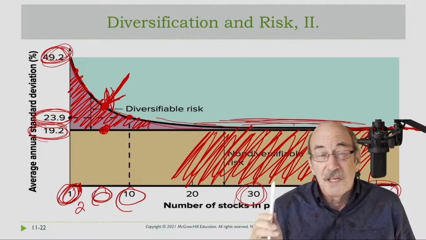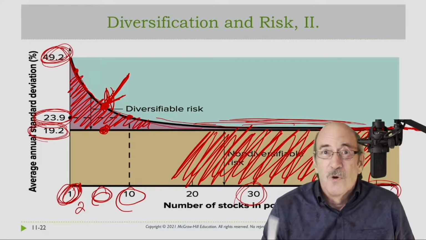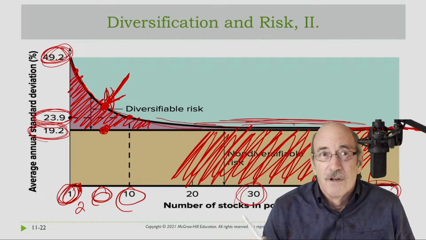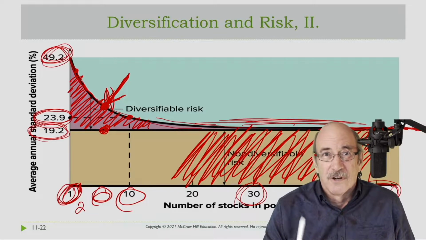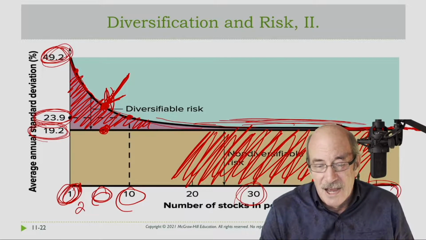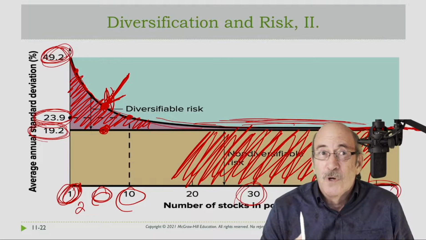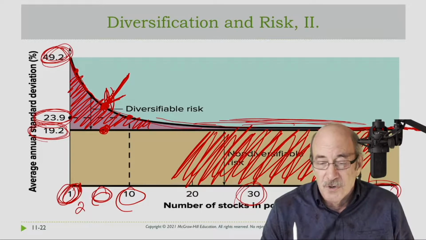Now, there's some really slick techniques to combine those 10 firms with a market portfolio to maximize your reward for the amount of risk you're taking. So there are ways around this. There are some little tricks that we can use that allow us to take advantage of the market, the widely diversified market, even if we have only a few mispriced securities that we're trying to use in our active portfolio.